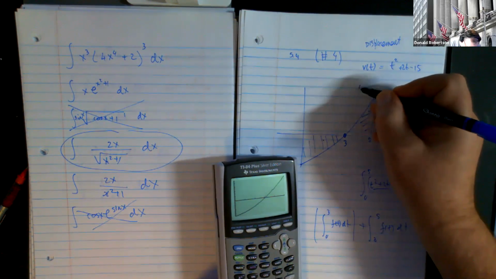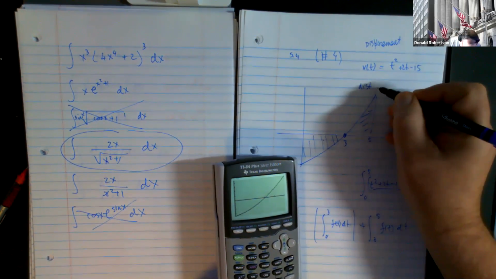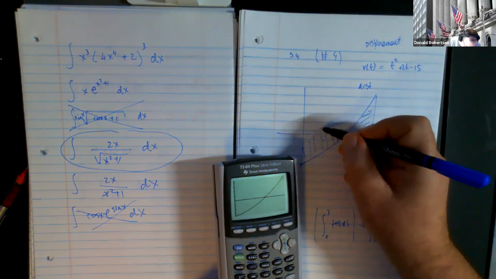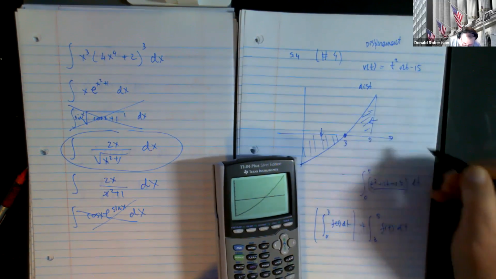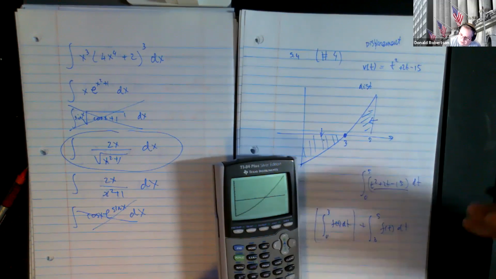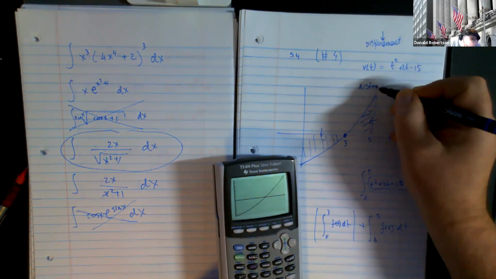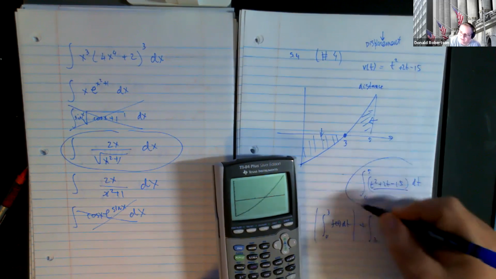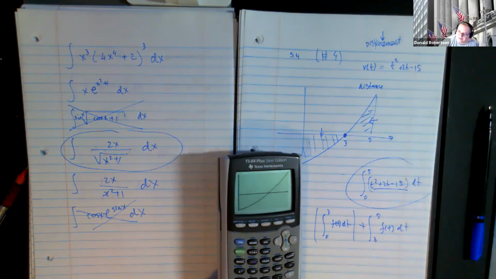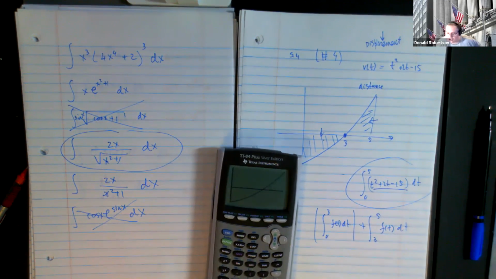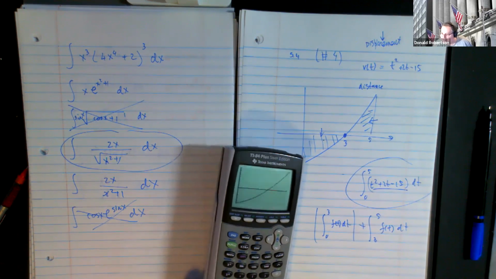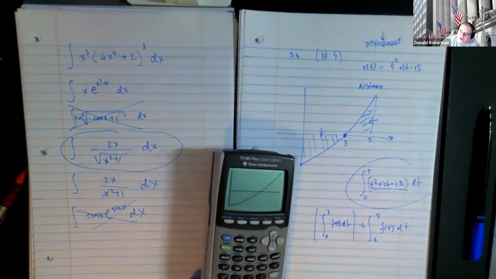So when they say distance, which they do, they want the area as a total positive number. And when they use the word displacement, then you can just do that. In physics, displacement and distance are not the same thing. Displacement means how far away from where I started am I now?